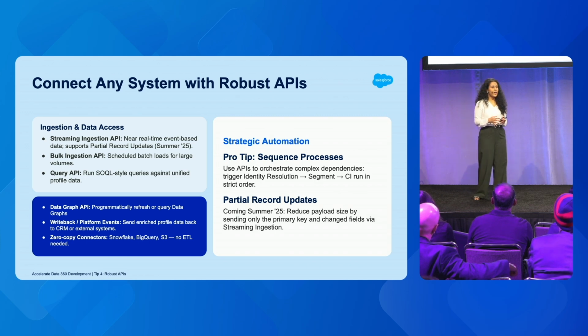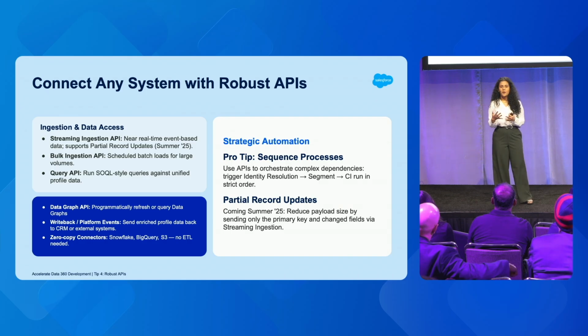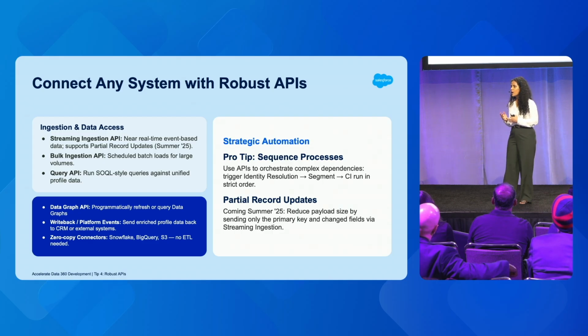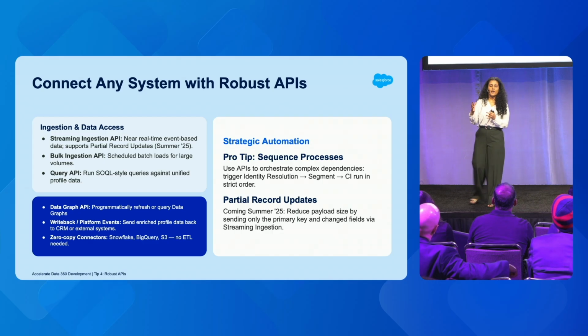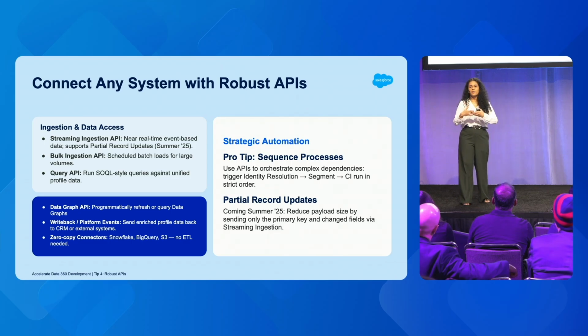With the streaming API, you can process the data in real time. And with the newest update we're getting by Summer 25, you can also have a partial update, which means that if there is a small change, you can just send the primary key and the changed record, and not the whole row or the entire record.